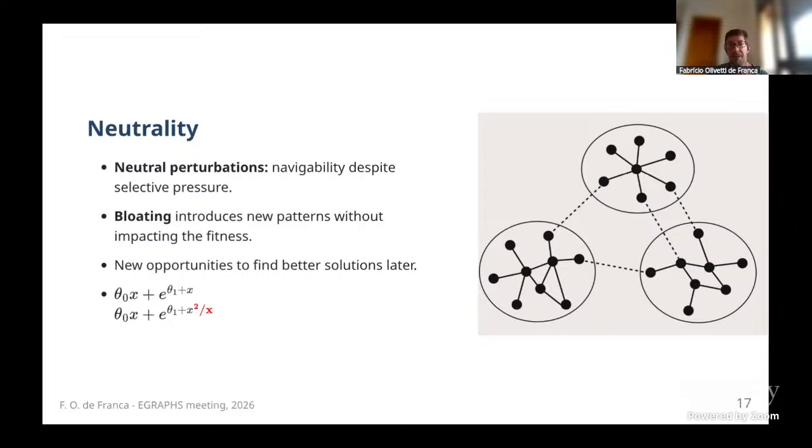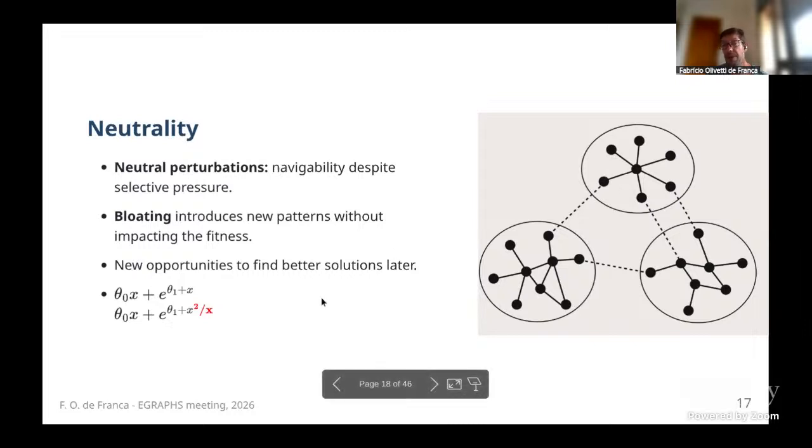Because what happens is, if we propose something new that is a larger expression, but evaluates to the same loss, then we can keep accepting these perturbations and navigating throughout this region of neutral perturbations until we find a point where we can escape to a better local optimum.